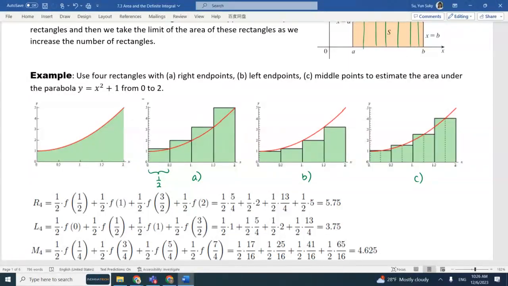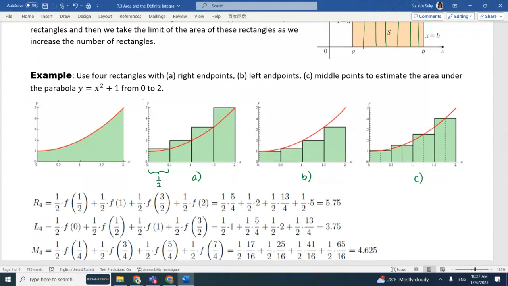And then f of 3/2. 3/2 squared is 9/4. 9/4 plus 1 is 13/4. Yes. And finally, f of 2. 2 squared is 4, plus 1 is 5. So we get this, and then we put this in the calculator. We get the answer is 5.75. Okay, everybody?